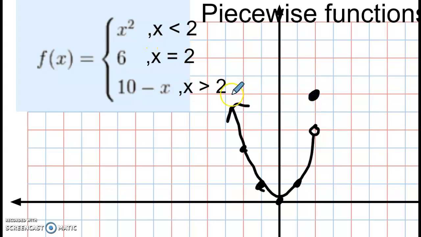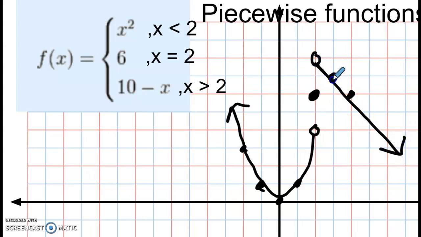When I'm bigger than 2, I'm the line 10 minus x. So if I could put 2 in here, that would be 8. But I can't, but I want to know where I'm starting. When I put 3 in, 10 minus 3 is 7. When I put 4 in, 10 minus 4 is 6, etc. It's a line that goes down.